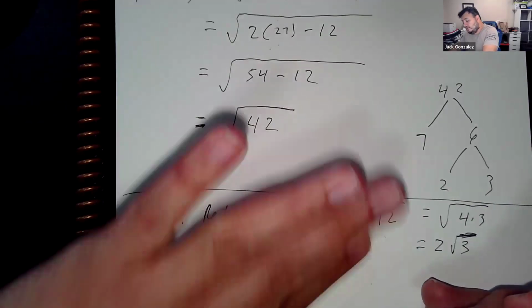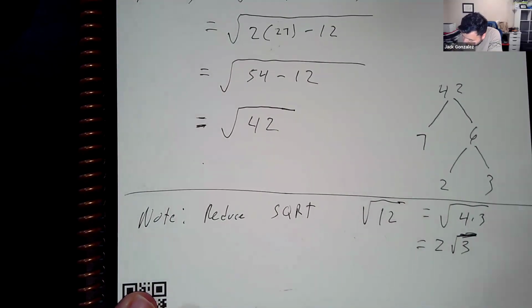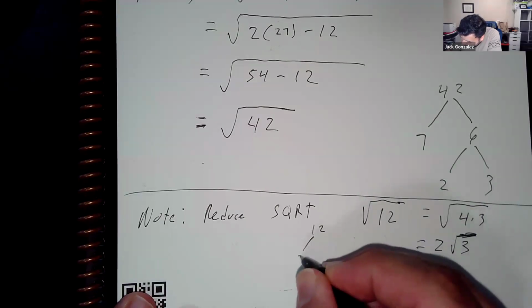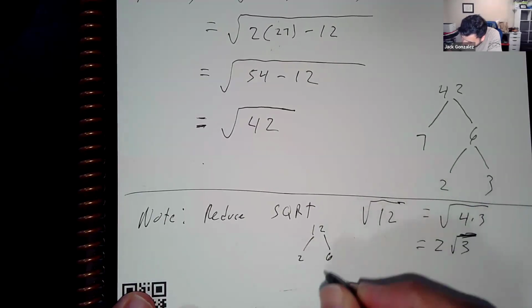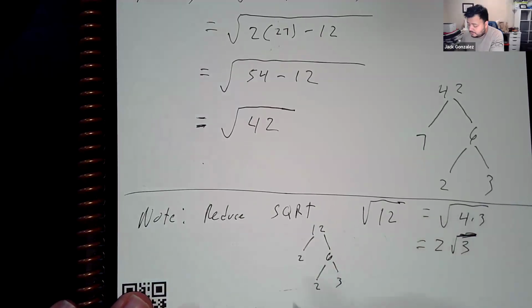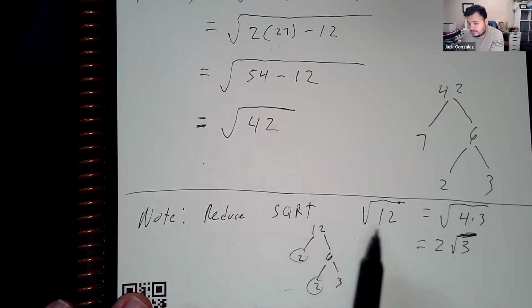Let's say we didn't know there was a 4. I chose 4 because I knew, but let's say I have no idea there's a factor in there. I'm going to choose 2 and 6 for no reason, and then break down the 6. See how there's 2 2's? That's telling you that there is a squared factor inside the number in question.